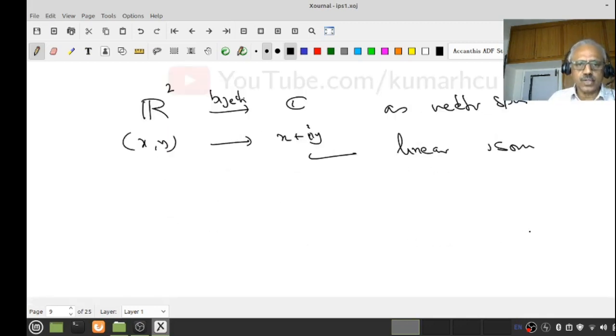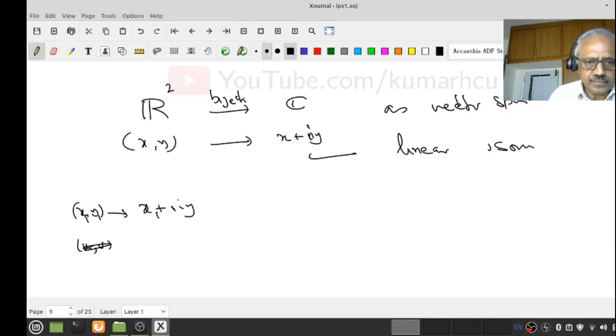Right? So what I want to do is write the vector (x, y) as x plus iy. This is a complex number, and V = (x1, y1) and W = (x2, y2) go to x1 plus i y1 and x2 plus i y2. Call these complex number z1 and complex number z2.